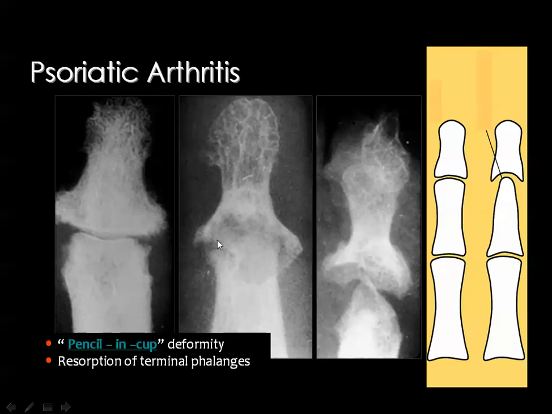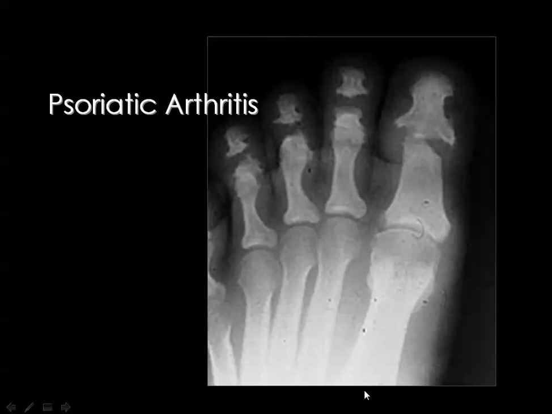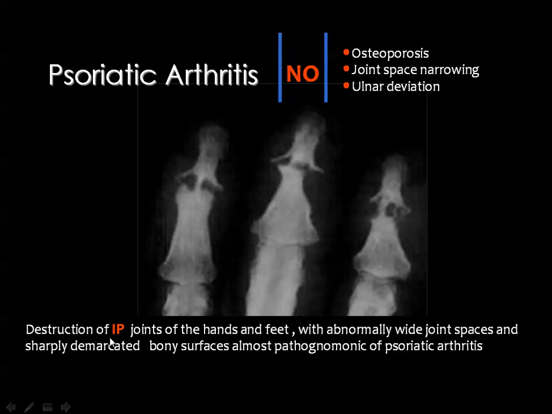Then by time you get erosion and resorption of most of the distal part of the middle phalanx, and broadening of the base of the terminal phalanx, so that you get this very characteristic abnormality. And here you can see affection of the distal interphalangeal joints, and you get the classic pencil in cup deformity.